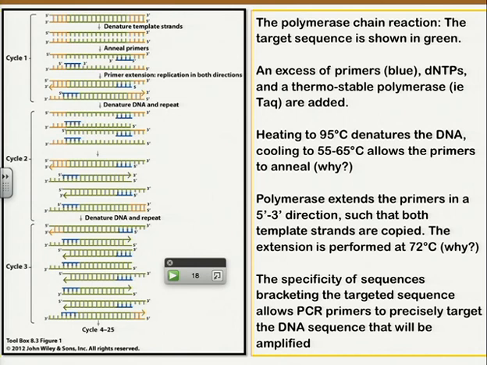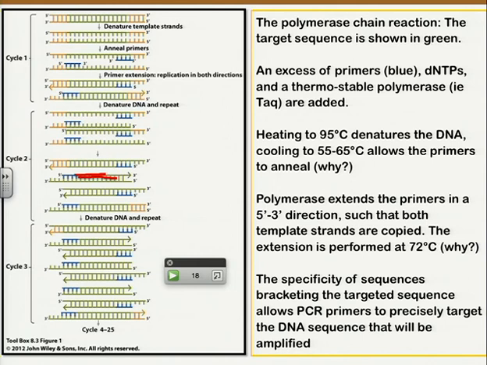And then the extension allows the primers to be extended, as you can see here, synthesizing new DNA based on being complementary to the template. PCR, now that it has been automated, uses a polymerase enzyme that comes not from us or bacteria, but instead from an organism that lives at a high temperature.